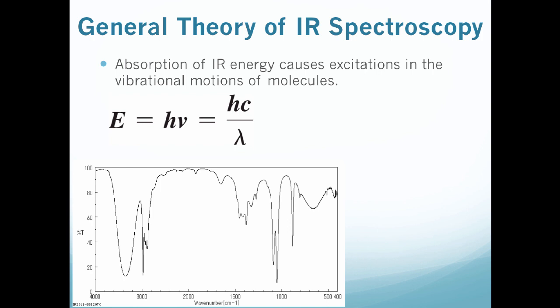And if we compare this to an IR spectrum, down here at the left end is high energy, and by this equation we can say as energy increases, the wavelength decreases. And then of course on the right end of the spectrum, there's a low energy but a high wavelength.